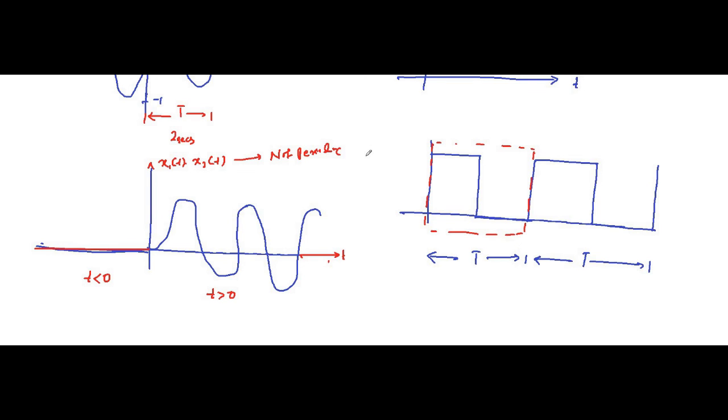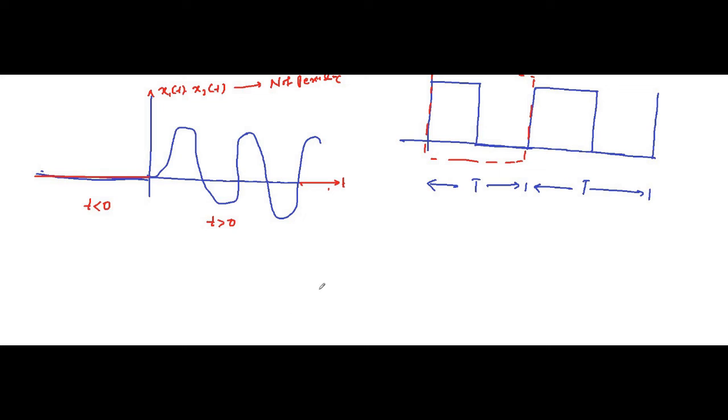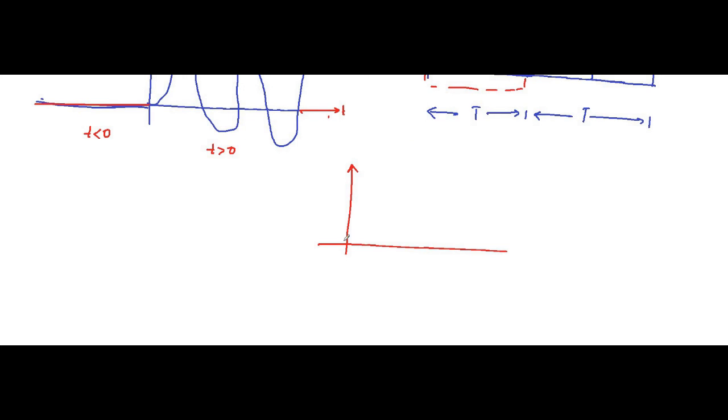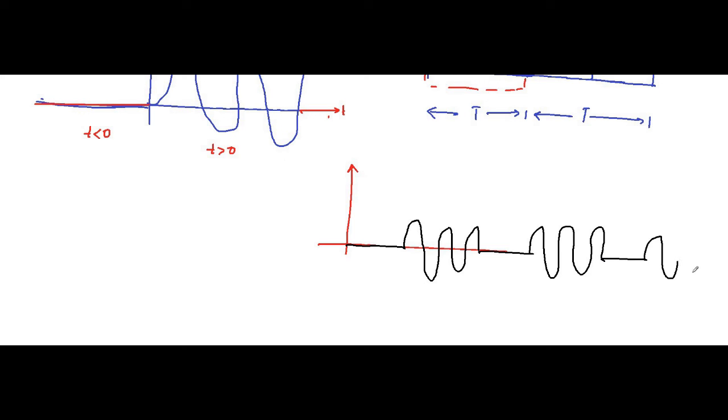Now here another interesting thing. Suppose we have a signal like this. It is 0 for a particular period of time, then it is sinusoidal, then it is 0 for a particular period, then sinusoidal again, and so on.